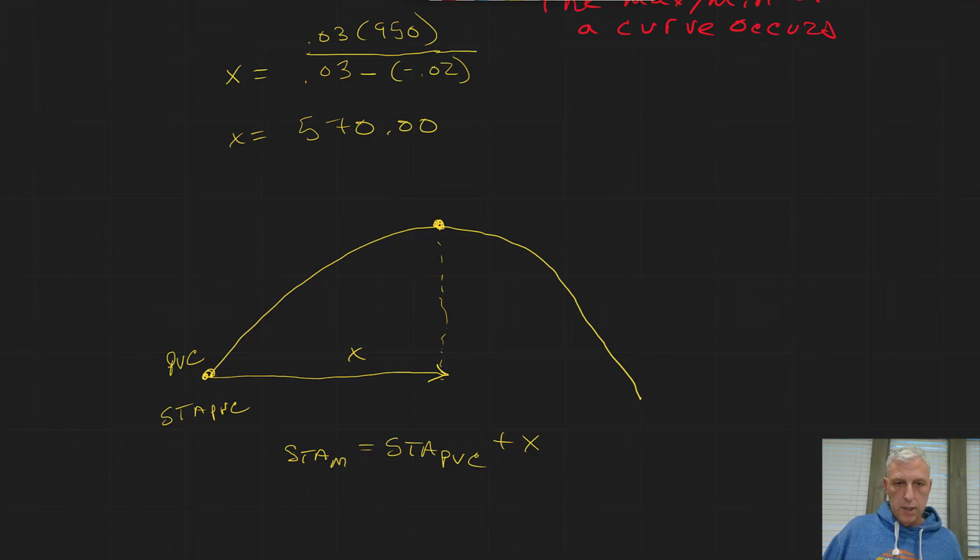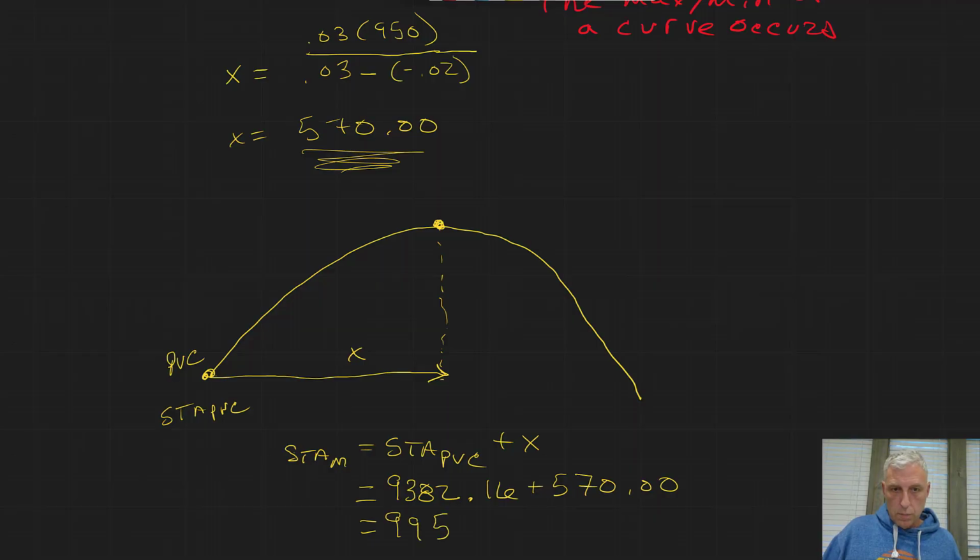So in this case, the station of our maximum equals, we were given station PVC was 9382.16, working in distances, always good, plus our x value we just came up with up here, plus 570.00, and we perform that addition, we get 9952.16.